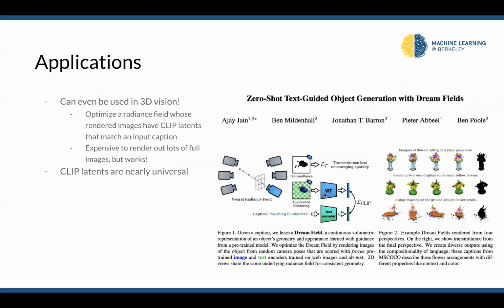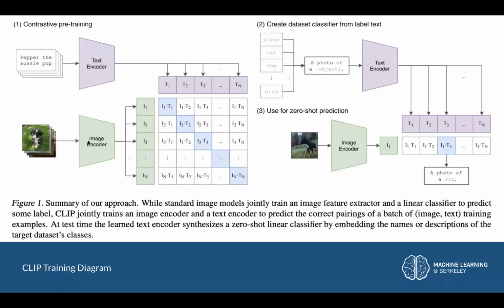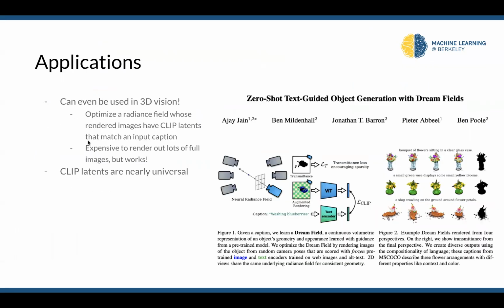We'll render out an image, pass the image through our vision transformer, which is, again, the image encoder here in green, pass it through the image encoder for CLIP, and compare the latents. If our neural radiance field reconstruction of the object is very, very good, then the rendered image will have an embedding that is very similar to the embedded caption.